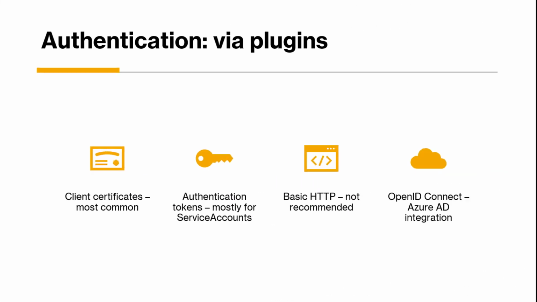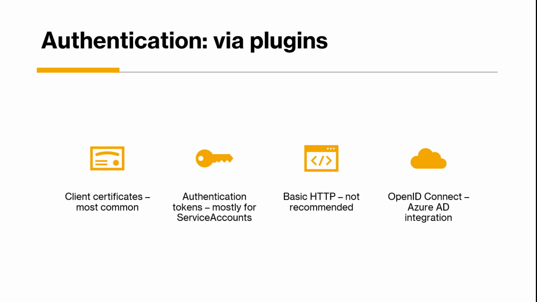Now, how can we authenticate to Kubernetes? Well, this is done via plugins, and there are several different ways that authentication can happen. Probably the most common way is using client certificates. The certificate is typically in your kube config somewhere, and that's how you authenticate to the cluster.